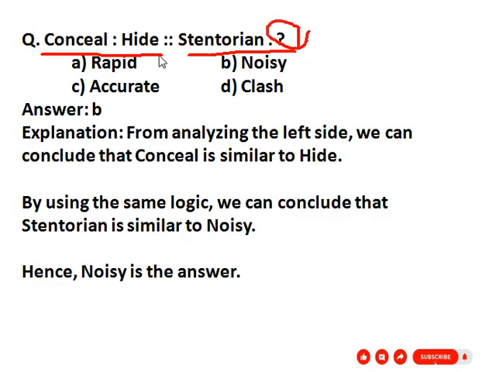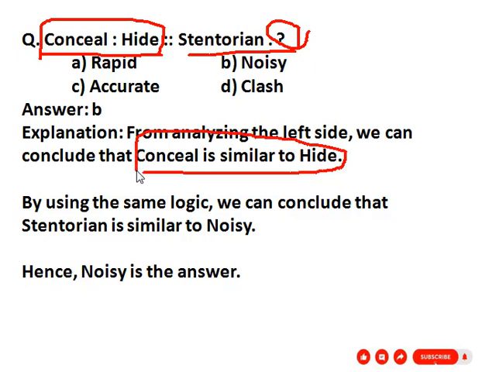So what is the relation between the first two, tonsil and height? See here, tonsil is similar to height. That is, height is the synonym of tonsil. So by the same logic, stentorian is similar to noisy. So noisy is the similar word of stentorian. So noisy is our correct answer. Here given option B, noisy.